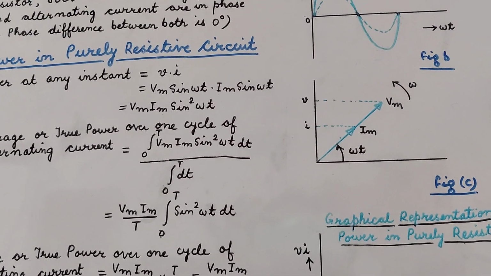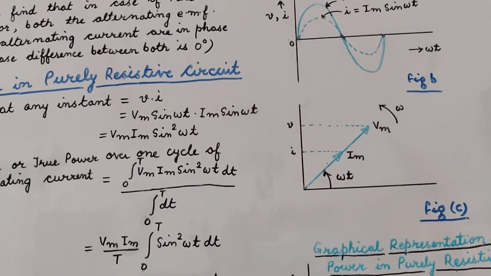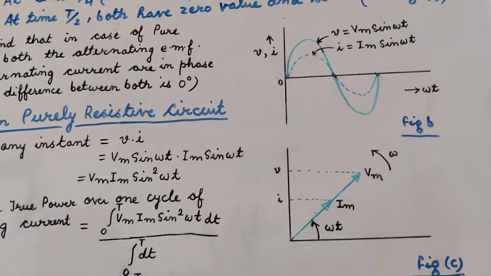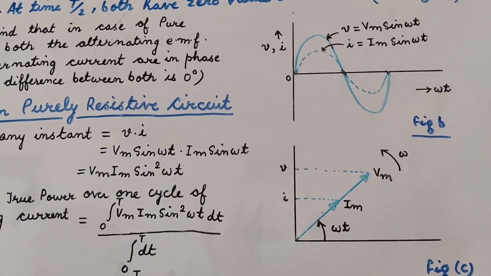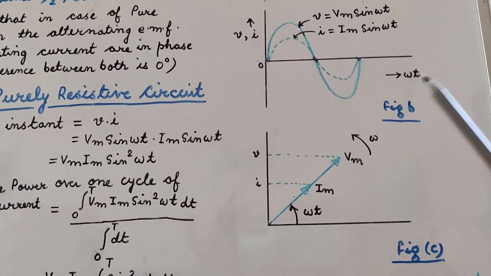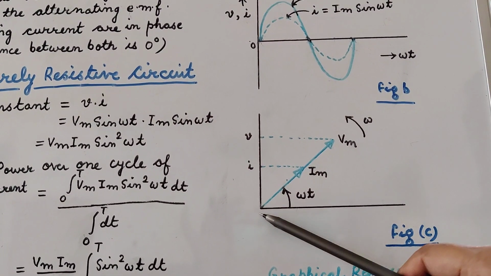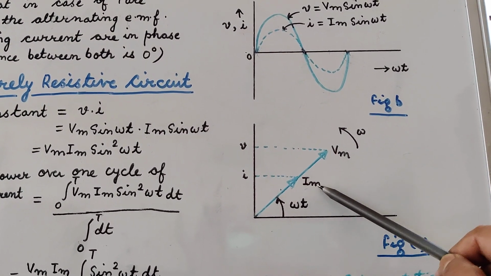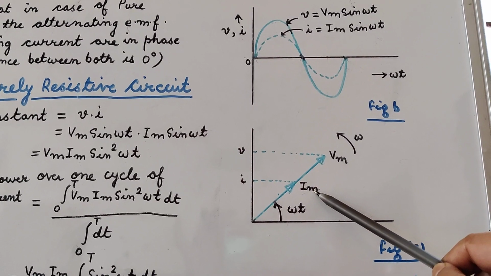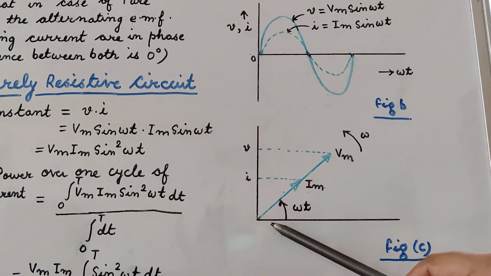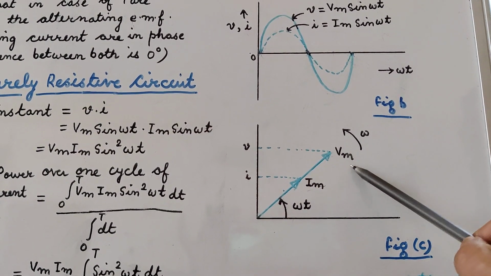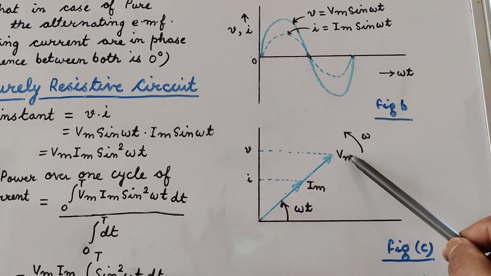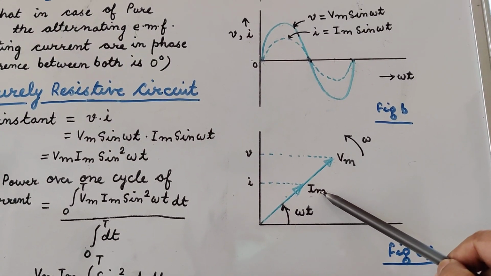Now let us draw the phasor representation of the alternating voltage and the alternating current. For this we consider a length of the line which is equal to the maximum value of the current amplitude, and similarly the voltage amplitude is more than the current amplitude.